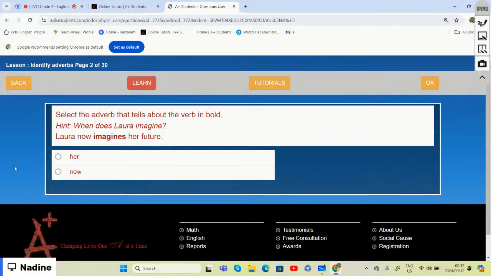And if we were to choose our correct answer, that tells us when Laura imagines, and then we can say it's option two, she imagines now. It's like you're thinking about your future now. It's like, one day when I'm big, I'm going to drive this car and live in this big house.